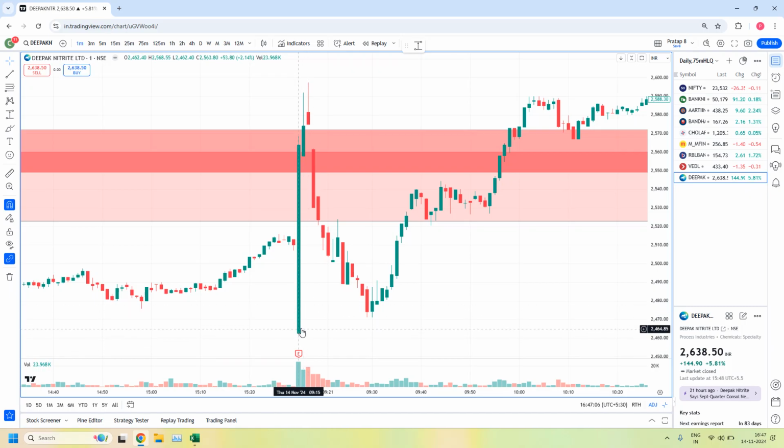That means some false orders might have been executed. That's why it is showing open here. See, low also the same, open and low, and that too very, very far away from the previous close. And sharply moved up, and the entire zone is violated. Many times you see such kind of very large 1 minute candles at 9:15 because of some freak trades.